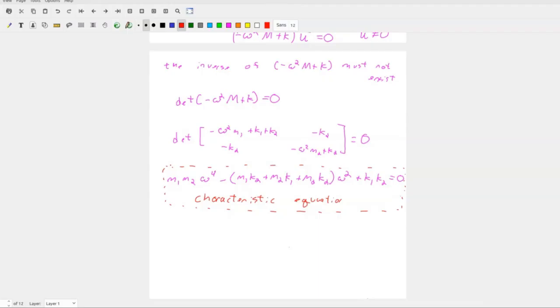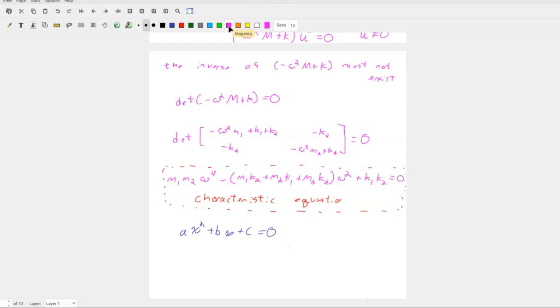All right, our good friend, the characteristic equation is in the form of a quadratic formula. So just as a review here, you remember this fun entity, ax squared plus bx plus c is equal to 0. Remember that one from pre-calc or something like that? So we have omega to the 4, so we set x equal to omega squared, and then that's how you get to omega to the 4.